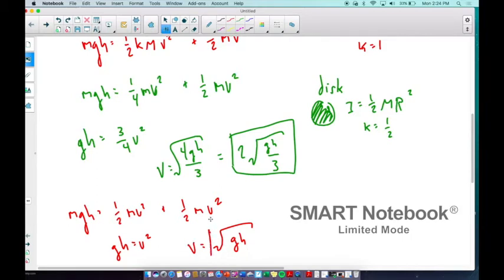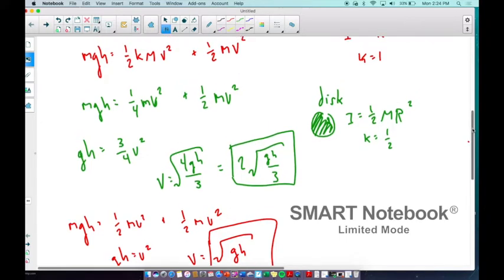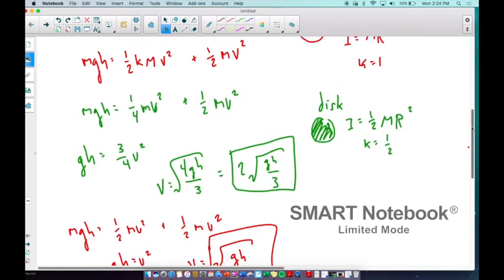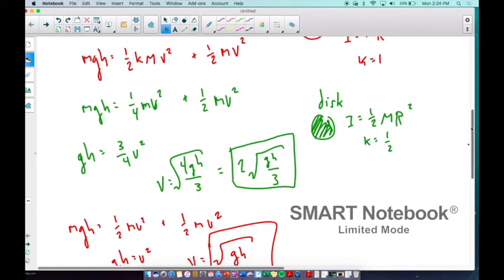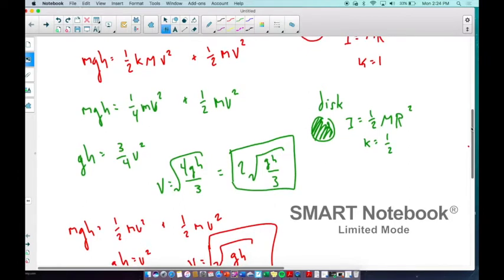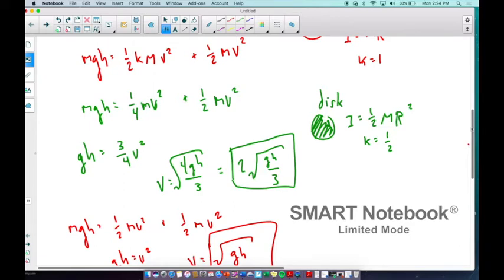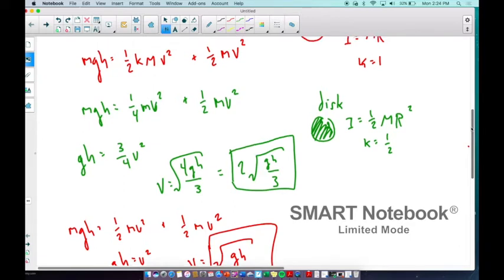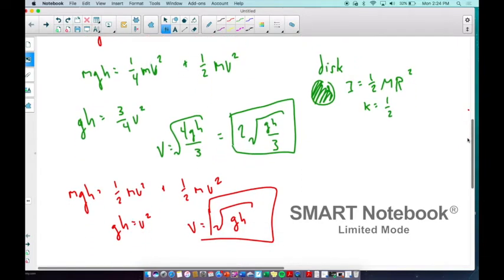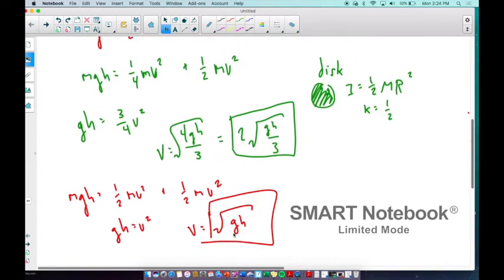So you can see that for the disk, because it has a smaller rotational inertia, it is, so to speak, stealing less energy away as rotational kinetic energy, leaving more energy left over for translational kinetic energy. Compare the velocities. This is clearly bigger than this. I'm multiplying by 2.